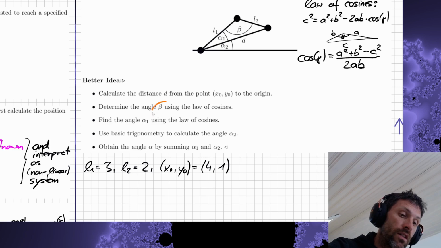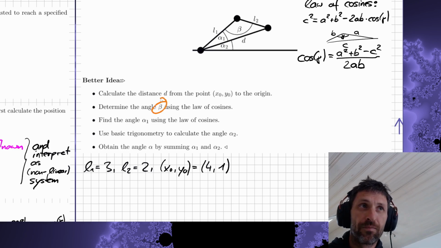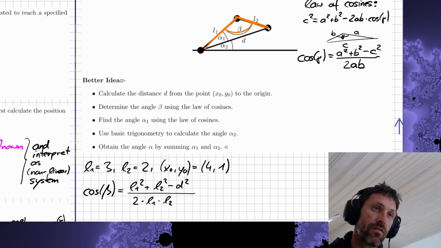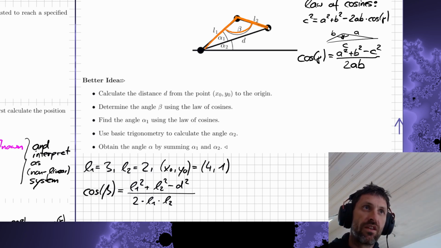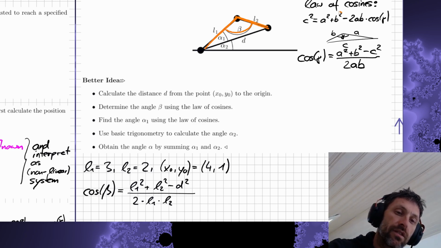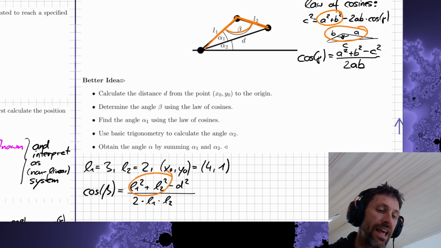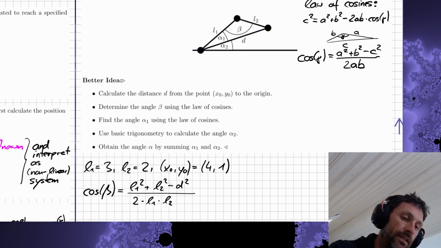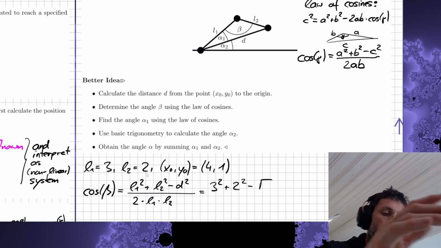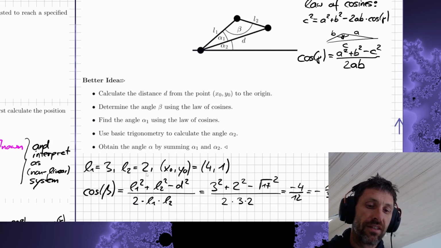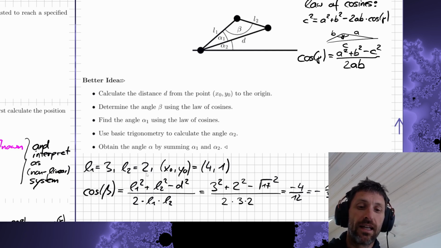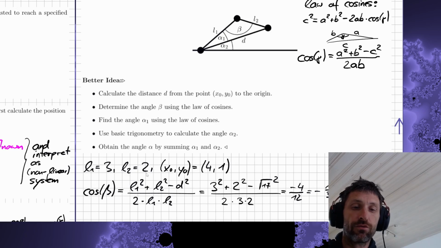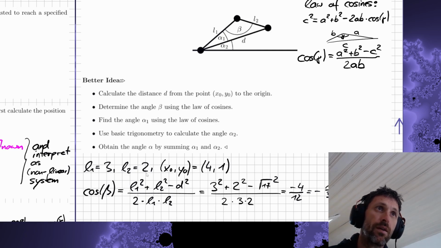And now let's calculate beta. These are the edges forming that angle. This is the situation here. And so it's L1 squared plus L2 squared minus D squared divided by 2 times the product of these two. And so let's plug in the numbers, and in the end you will get beta is 109 degrees. Okay, this is beta.